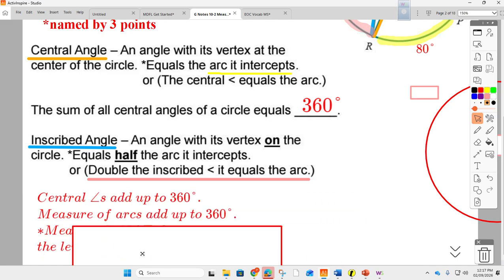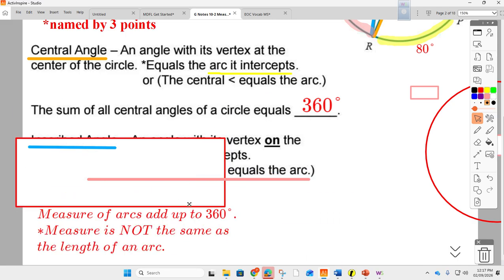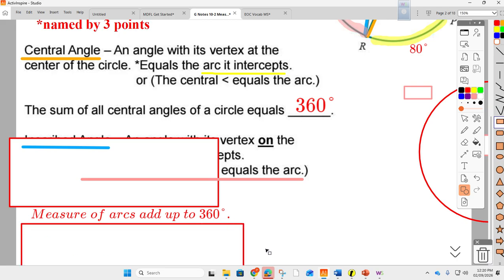So central angles add up to 360. We already said that. And the measure of arcs add up to 360 degrees. So let's go ahead and put that in there too. I don't think we'll put the other part in right now. So you already have the sum of all central angles equals 360 degrees.